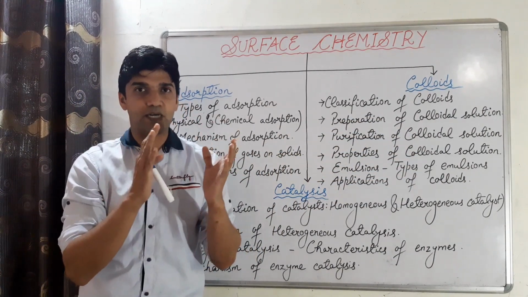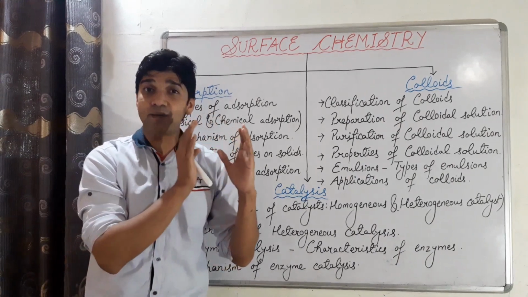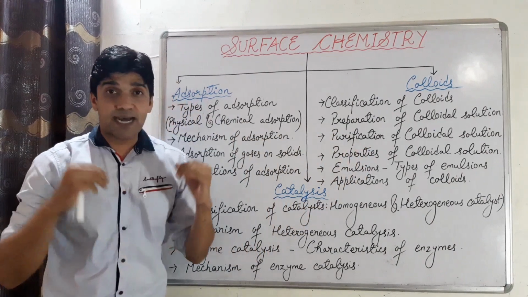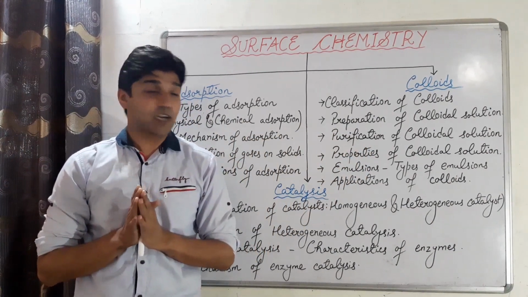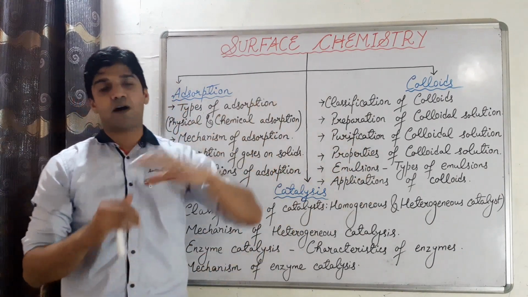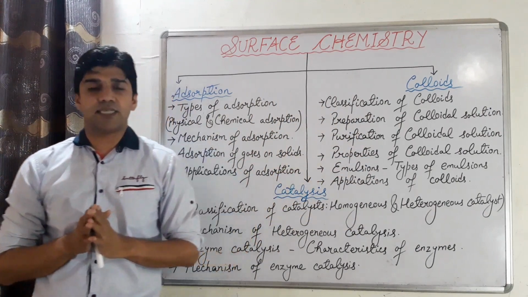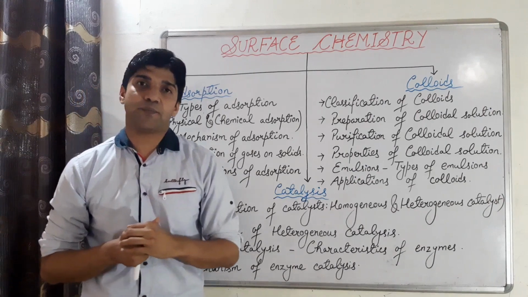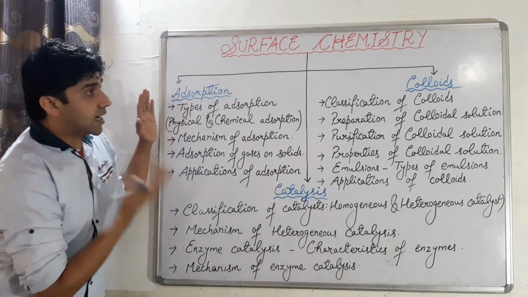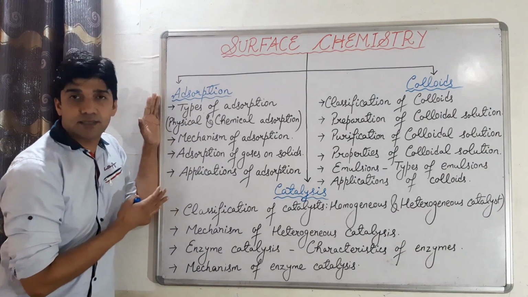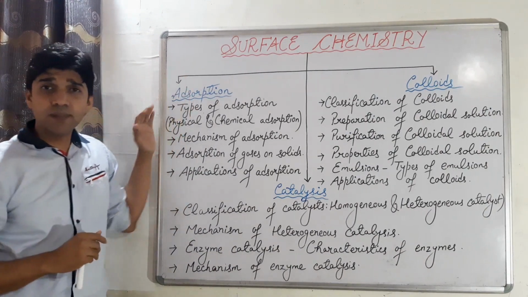So we'll differentiate between the oil in water and water in oil emulsions. And at last, in this chapter, we will cover applications of colloids in the different fields, in the field of industries, medicines, and in our everyday life. So these are the main contents of this chapter that we will discuss in this chapter.